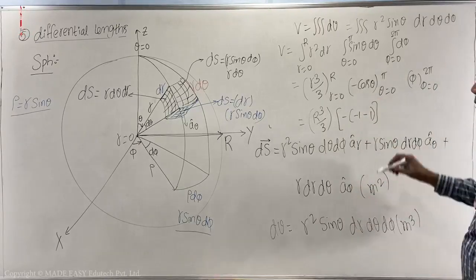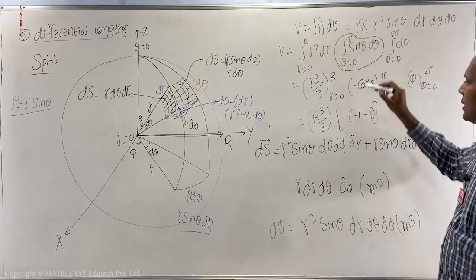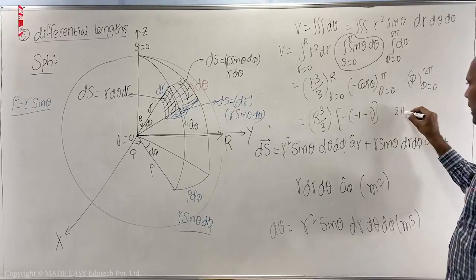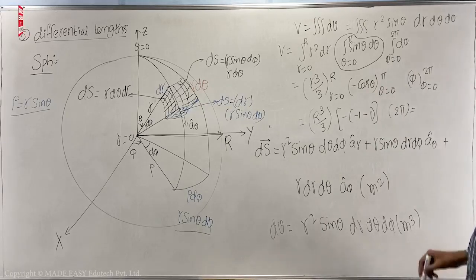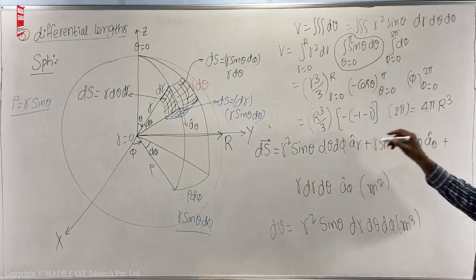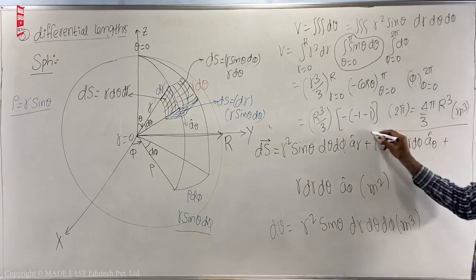Remember, students, we will get this many times in our subject. The value of this is always 2, so 2 into 2 pi is 4 pi. So 4 pi r cube divided by 3, that means 4 by 3 pi r cube, meter cube you get.